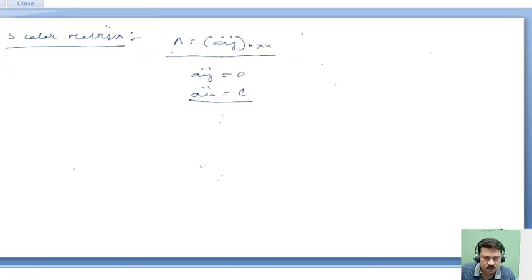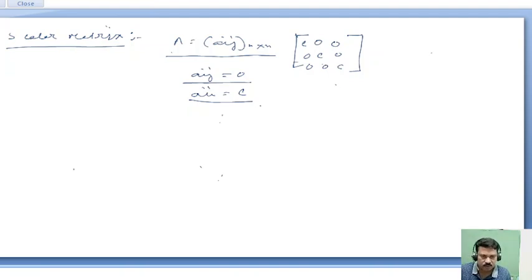We note here C 0 0, 0 C 0, and 0 0 C. Here the diagonal elements are all equal, and elements other than the diagonal elements are all 0.